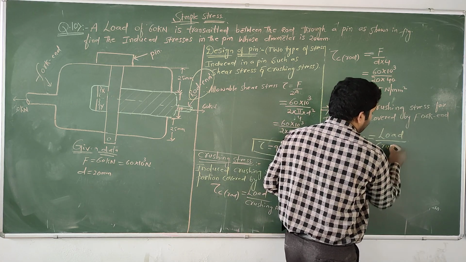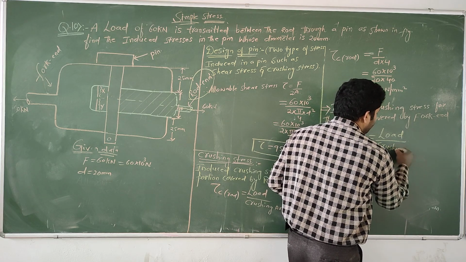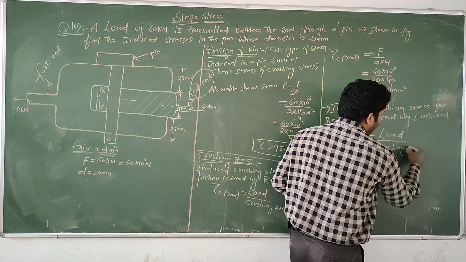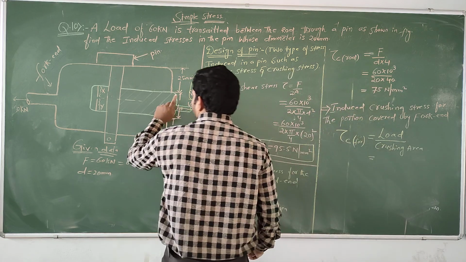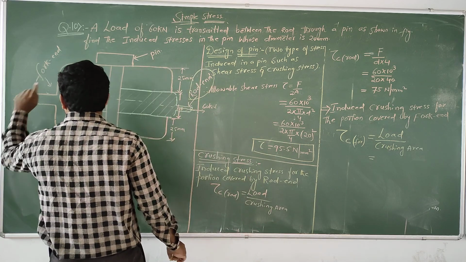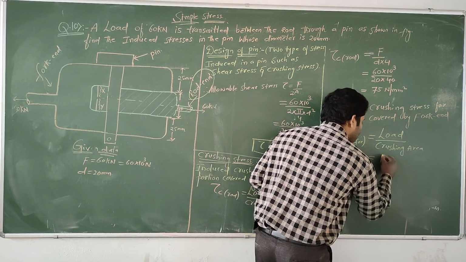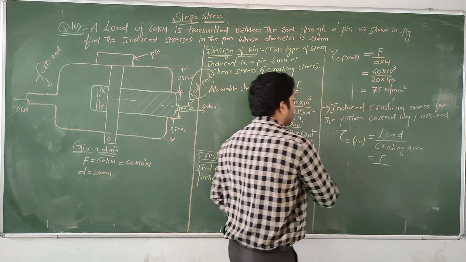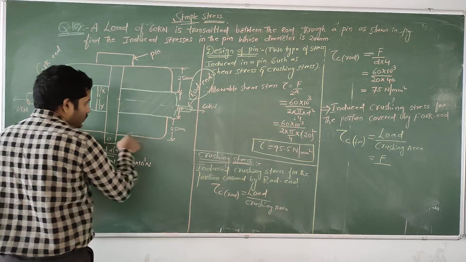What is the formula here? Load per unit crushing area. Then how much load is acting? From this side load is 60, from this side also 60. Then we can present F over the crushing area they cover, from above to this portion.